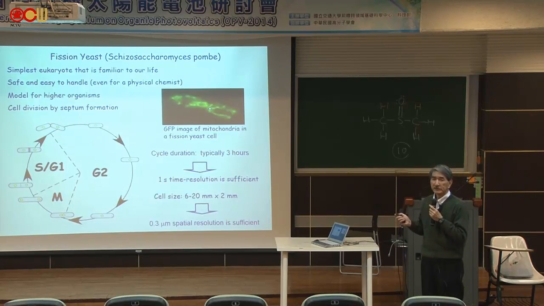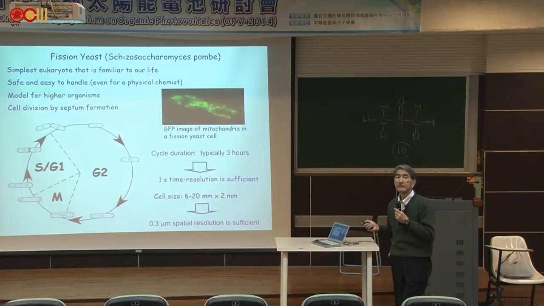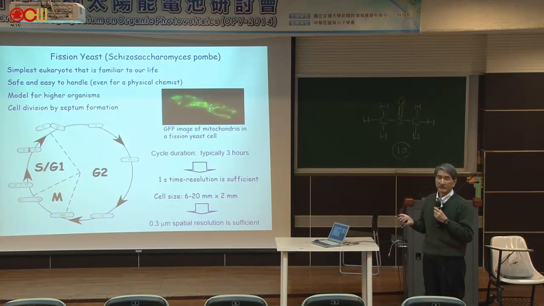We use yeast for making bread and beer. Actually, this particular species comes from beer brewed in Africa. And it is safe and easy to handle. We are physical chemists, and we have no special knowledge about microorganisms, but we can still handle yeast quite easily.